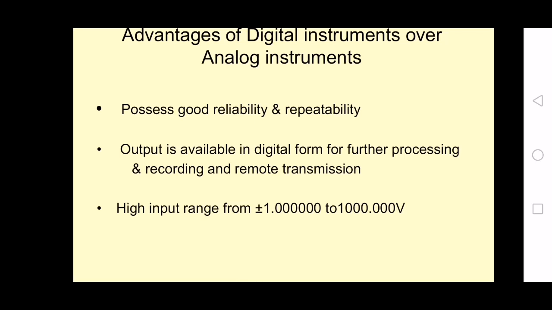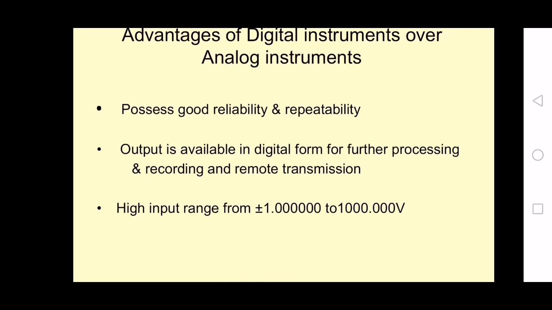So output is available in digital form, which can be used for further processing, and it can be used for recording and remote transmission also. That is one more basic advantage of digital instruments. And high input range, from plus or minus 1.000000 volts to 1000.000 volts.